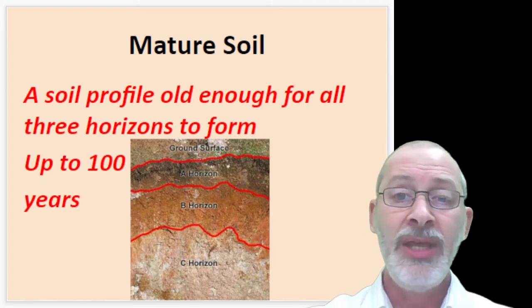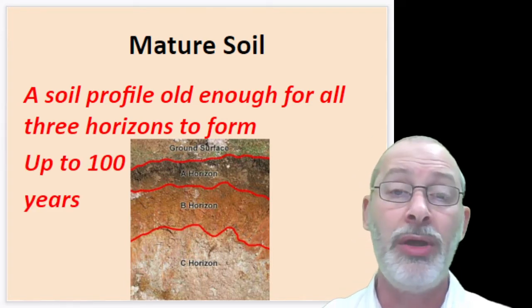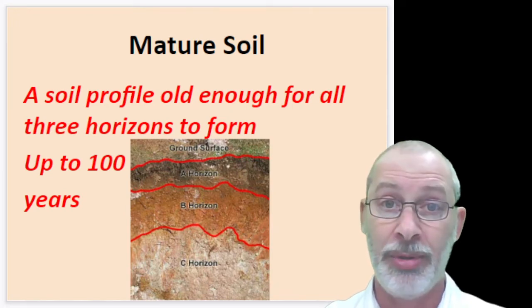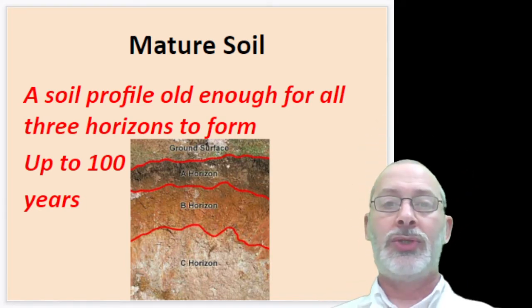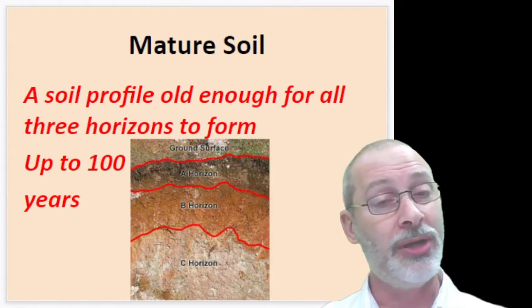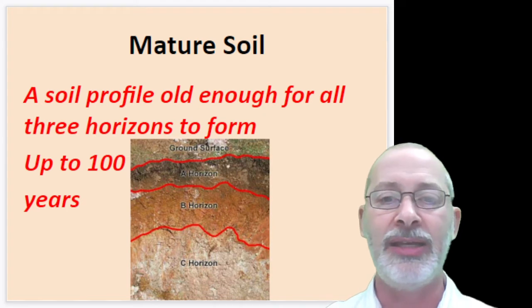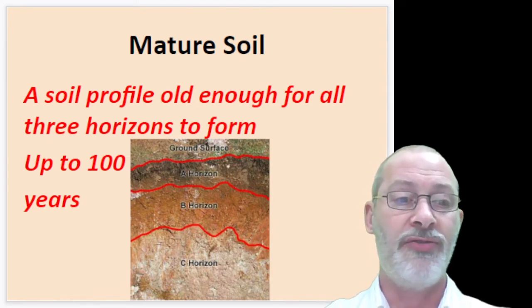In fact, it may take 100 years in order for a mature soil to develop. That's a century. That's older than I am. So I am younger than a mature soil. That's an interesting thought. All right. Anyway, so you got the idea. It takes a long time for a mature soil to develop.